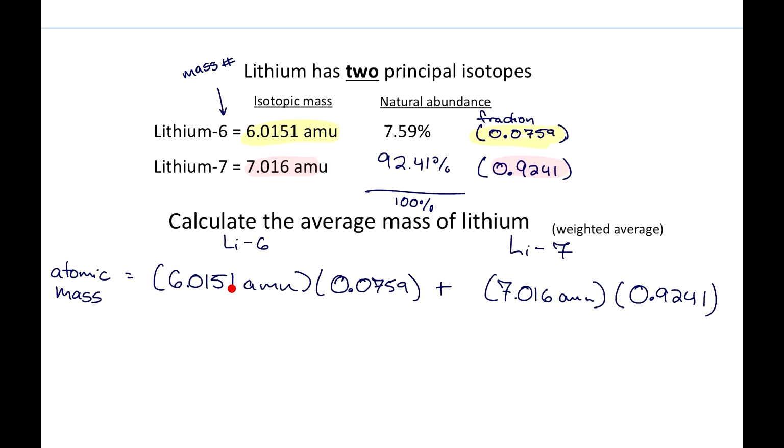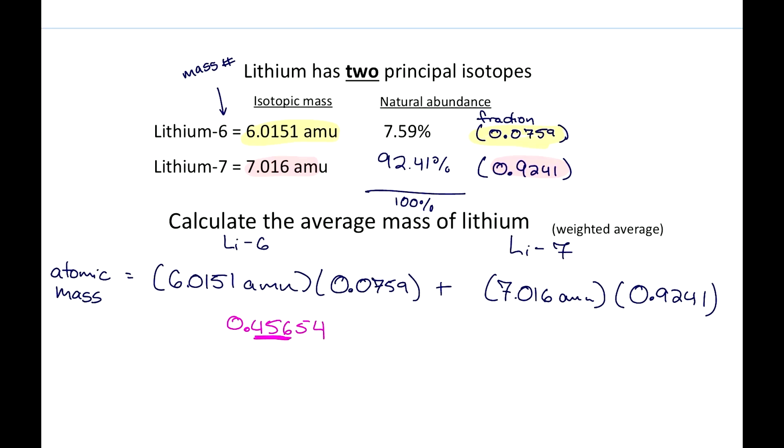So let's look at this. When I multiply these two numbers together, how many sig figs should my answer have? This number has 5 sig figs. The percent abundance has 3, so my answer should have 3, yes. Okay, so the answer that comes out of my calculator is 0.45654. I wrote a lot of numbers here, but the only significant ones are the first 3.